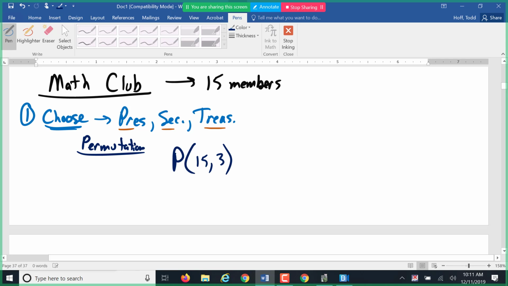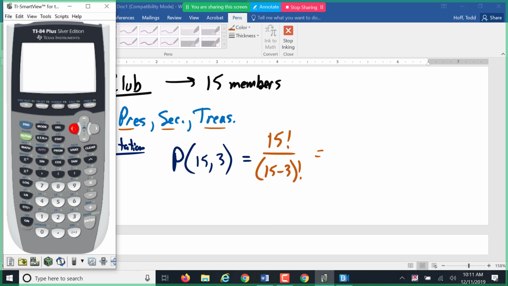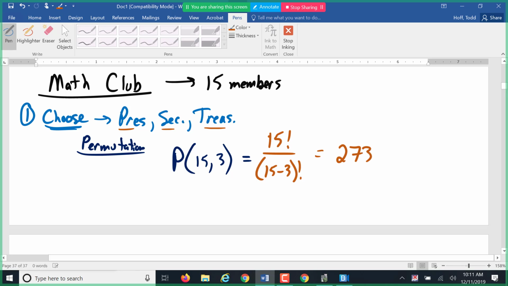So permutation of 15, chosen 3 at a time. So this is 15 factorial over 15 minus 3 factorial. I'm just going to punch this in the calculator. 15 factorial divided by 15 minus 3 factorial. Give us 2,730. So there's 2,730 different ways of choosing those 3 officers from that club.